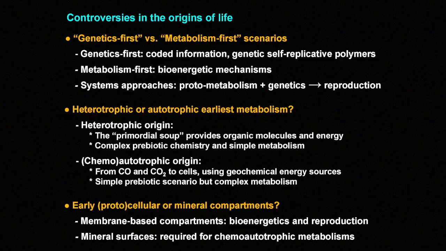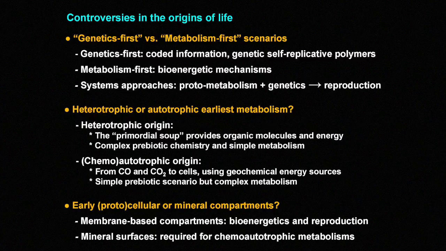So, prebiotic chemistry should be complex, but a simple metabolism could be produced from that. The chemoautotrophic origin says that from CO and CO2 we can go to cells using geological energy sources. In this case, the prebiotic scenario is simpler, but it needs a complex metabolism.